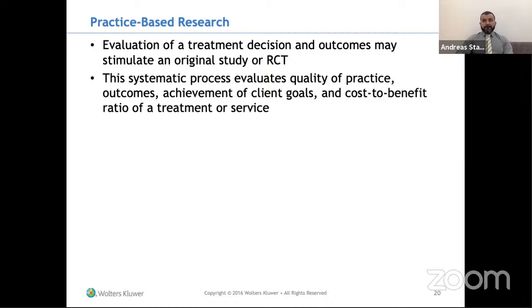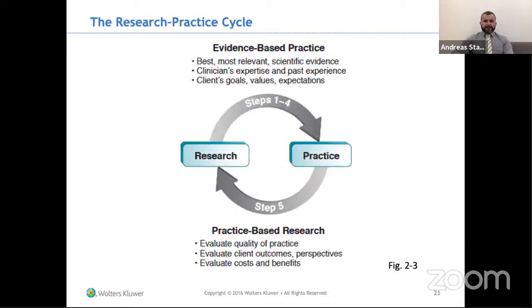Very important, especially if you think about it in professions like ours, like coaching, where we have a lot of practitioners. So we need the feedback from the practitioners in order to go back and do evidence-based research, and then do practice-based research, and then we have a cycle, which I think there's a figure, there it is.